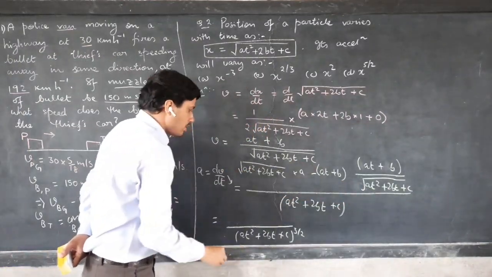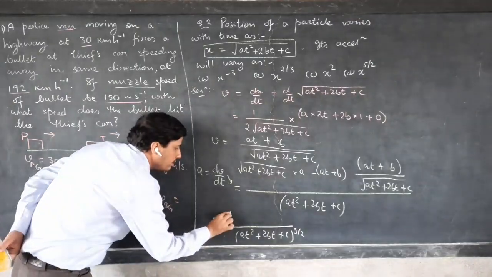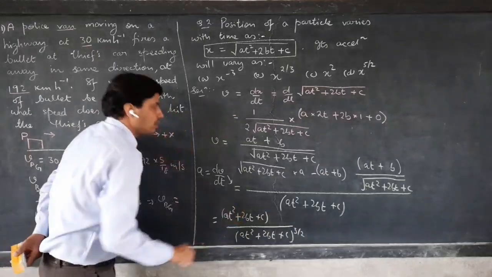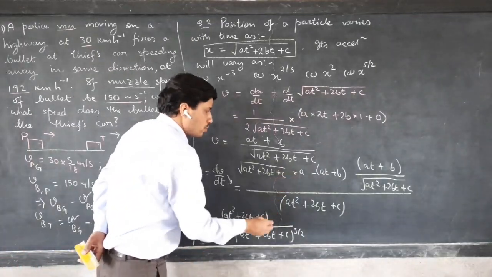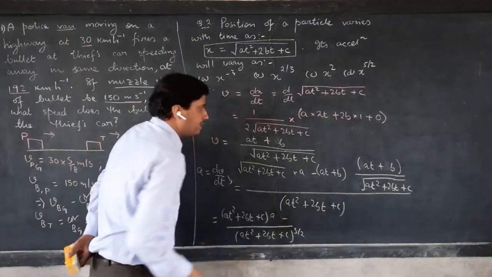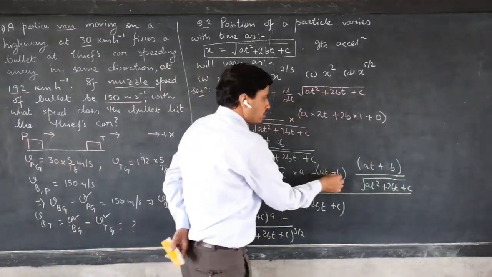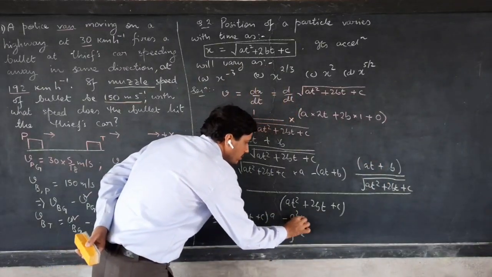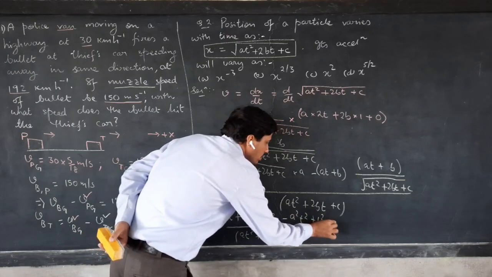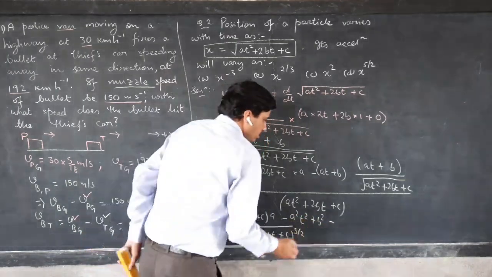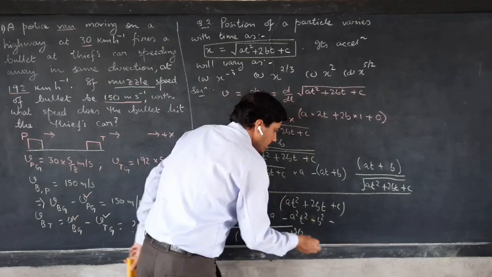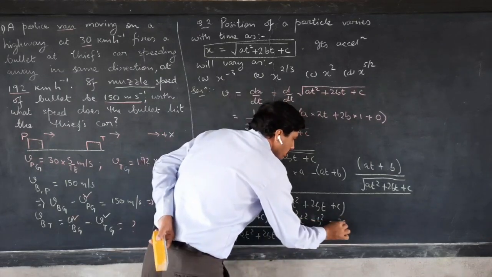So root into root, it will become simply AT square plus 2BT plus C whole into A minus AT plus B into AT plus B. That is A square T square plus B square. But because there is minus before the bracket, so we put minus and minus 2ABT.